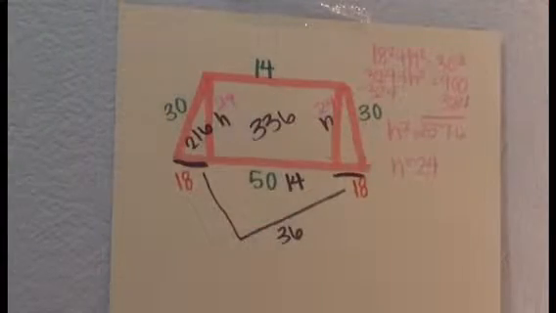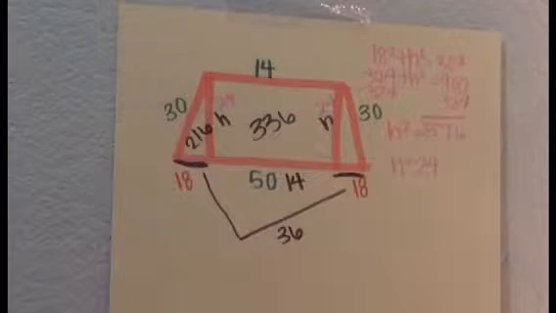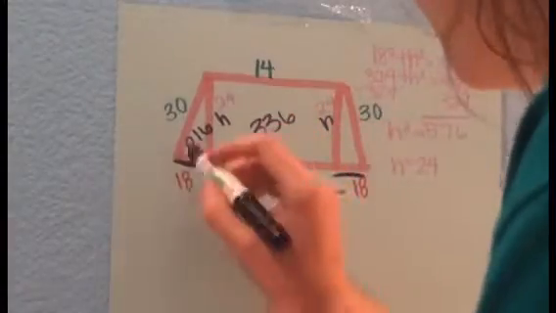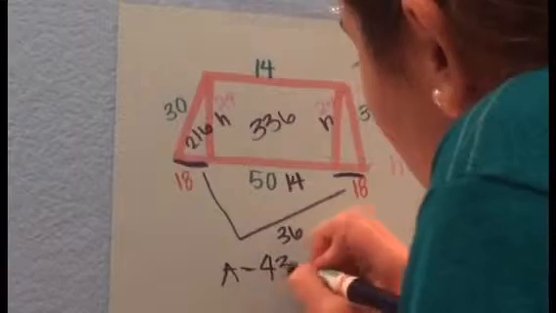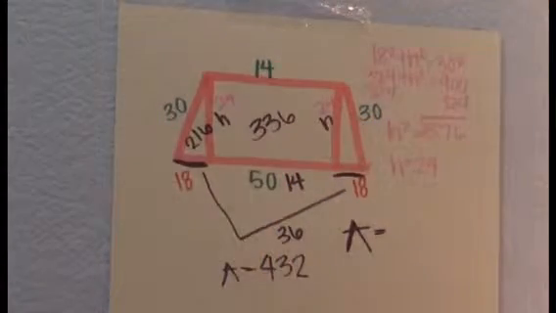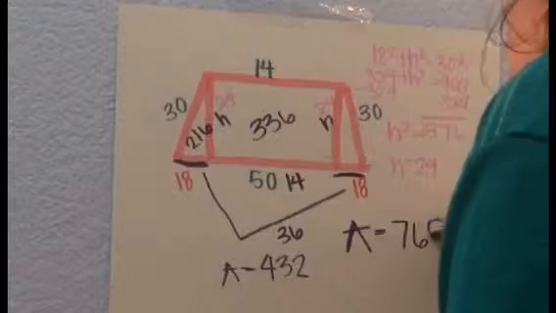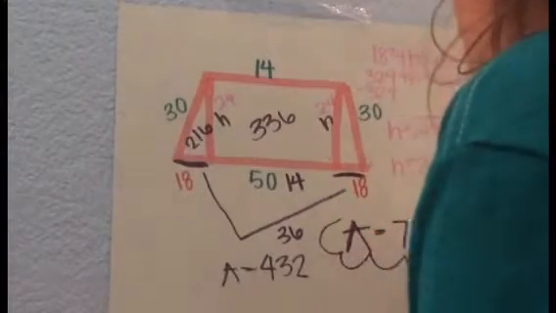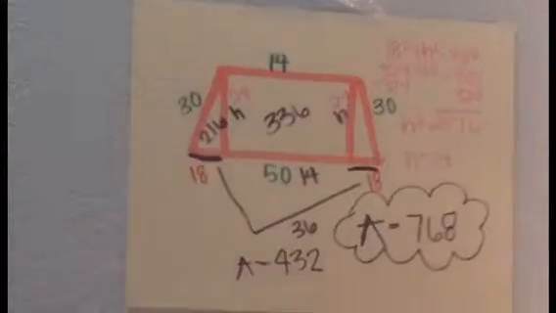And since they're congruent, we can multiply this by 2 to get both. So if we do 216 times 2, we get 432. So the area altogether is 432 plus 336, which gives us 768. So that's the area of the whole isosceles trapezoid.